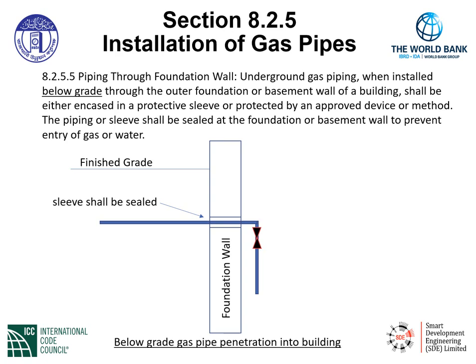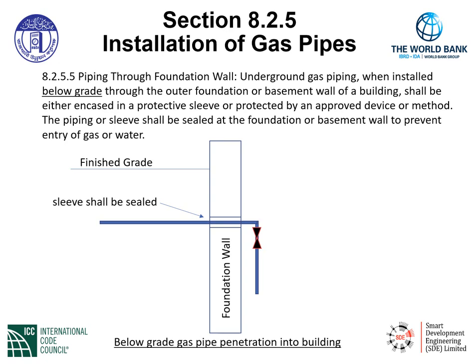8.2.5.5. When piping is passed through foundation walls, this section helps us understand when, where, and how to provide the installation of gas piping through the foundation wall. It states the following.